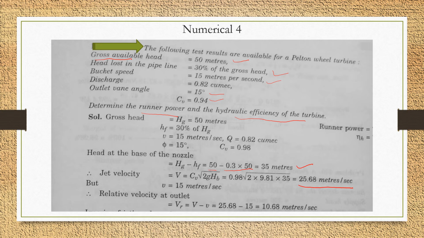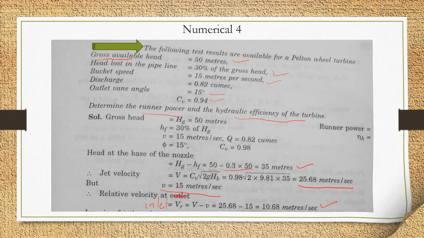The small v, that is the bucket speed, is given as 15 meters per second. So the relative velocity at the inlet is Vr equals V minus U, which comes out to be 10.68 meters per second.